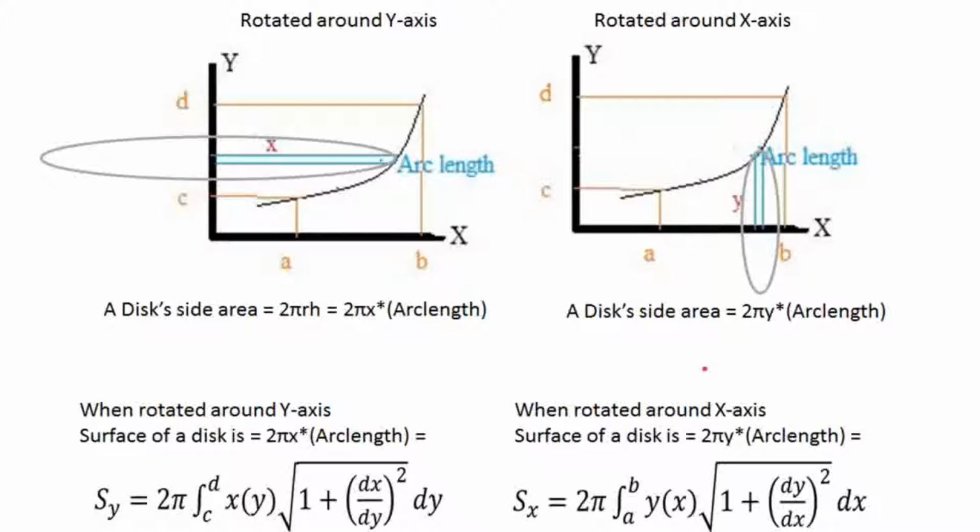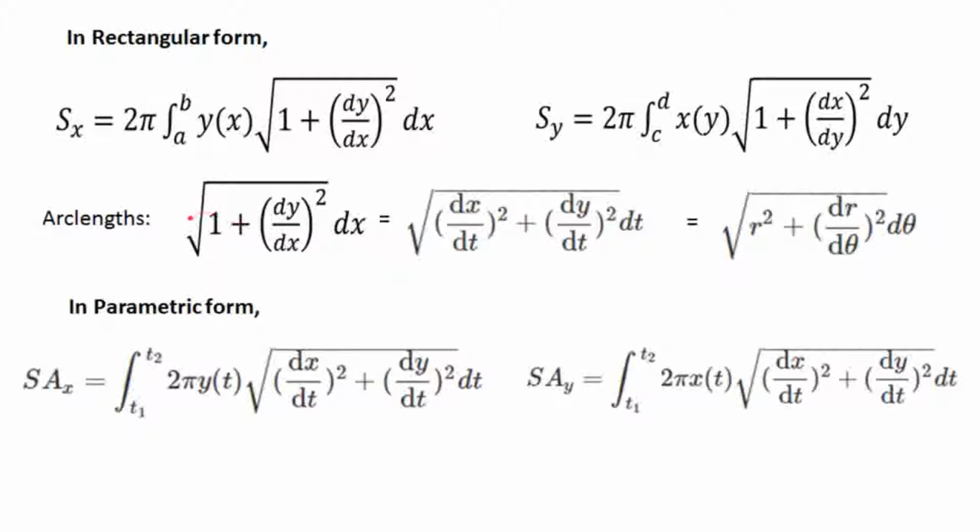So we rewrite the formula like this. Since we have 3 different ways to find the arc length, we also have 3 different ways to find the surface area. These 2 are the rectangular form, and these 2 are the parametric form.